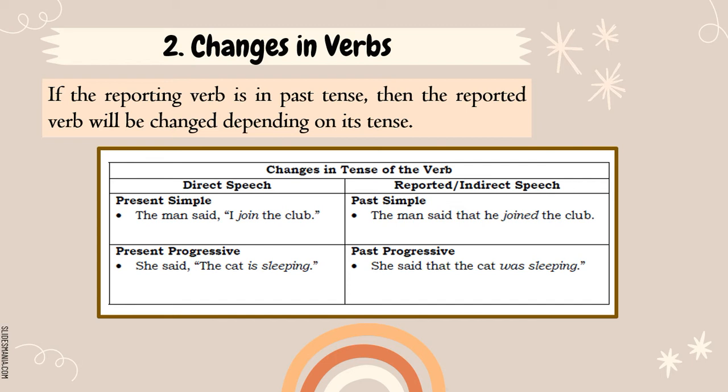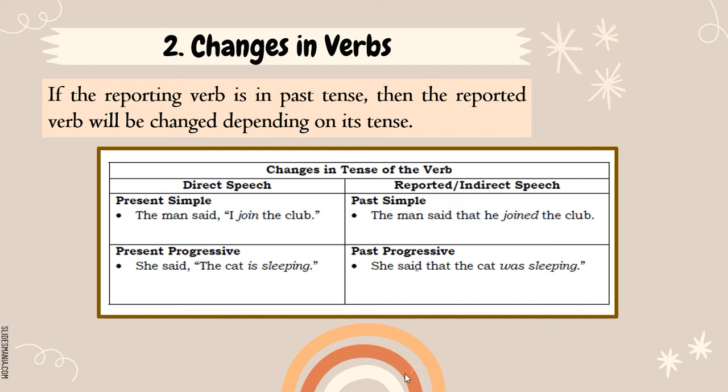Okay. So as you can see, the phrase is sleeping in present progressive tense of the verb becomes past progressive was sleeping if you will be converting direct speech into reported speech.